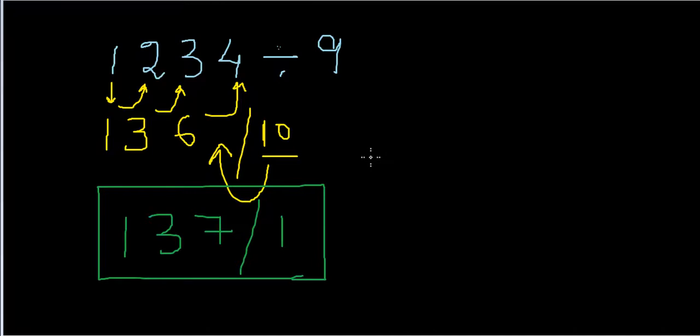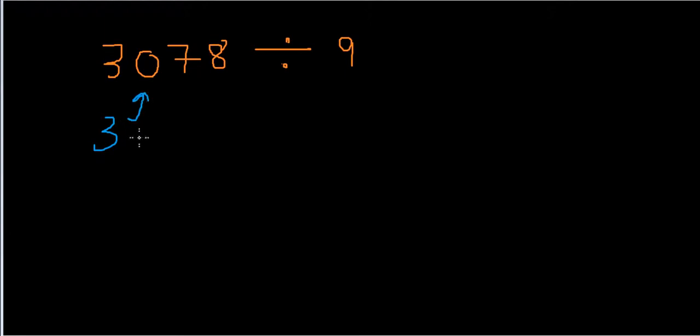Now let me take an easy example this time. Let's take a perfect multiple of 9, say 3078 divided by 9. As always, start with the first digit, 3, add this here, 3 plus 0 still 3, add this here, 3 plus 7 is 10.